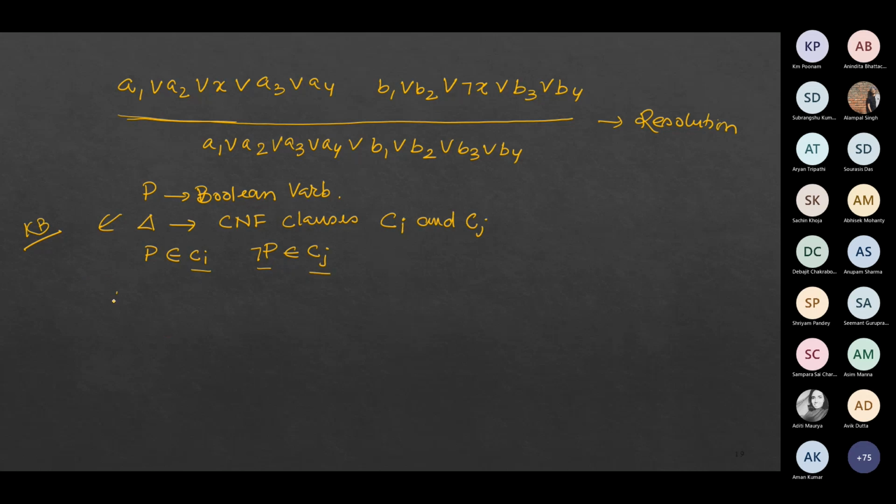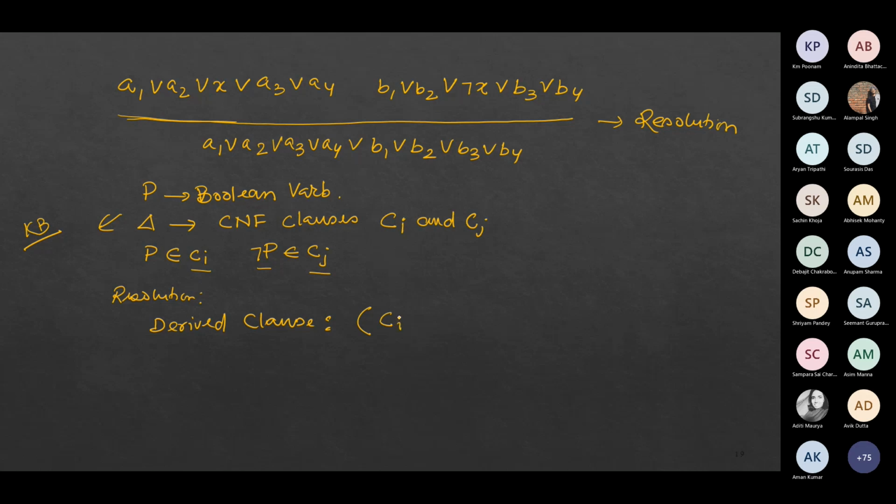Now, if we apply resolution, what would be the derived clause? So we are just reviewing this, but in a different way. Let me just put it, then you can say whether I'm writing the thing in an appropriate manner or not.